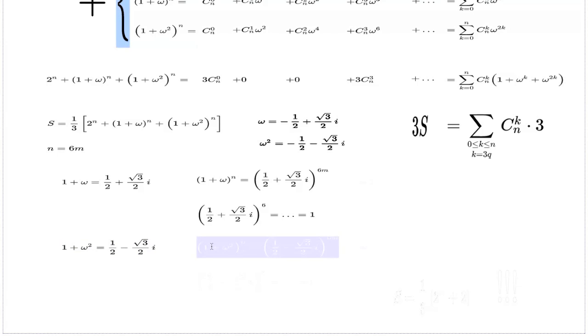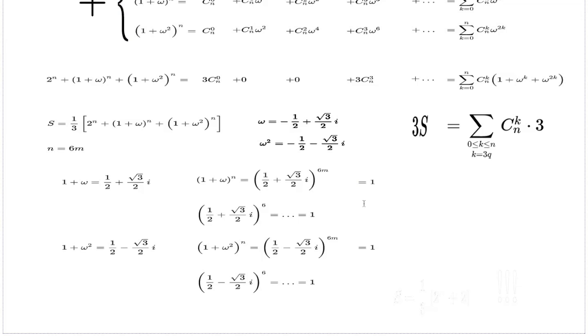If you take this to the power n, which you remember is a multiple of 6, all you have to do is focus on this expression and the power 6 of it. Again, I'll skip some details here, but the exponential form of the complex number is the best here, and we will fill this gap later, unless you can fill it yourself. This will be 1, simply 1, and so this expression is simply 1. By the way, this is also 1. This is also 1.